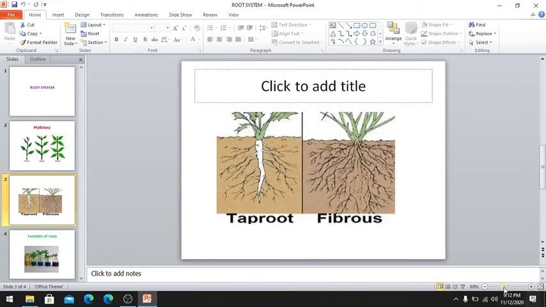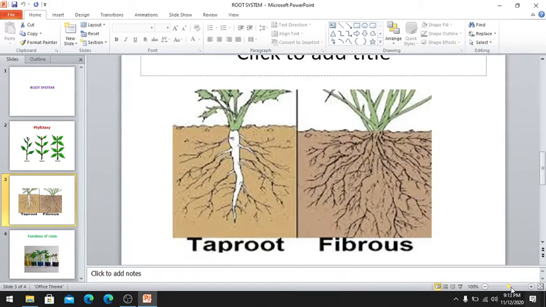Everybody knows that roots are under the soil, and roots have small hair-like structures called root hairs. These root hairs absorb water from soil particles and send it to the roots.